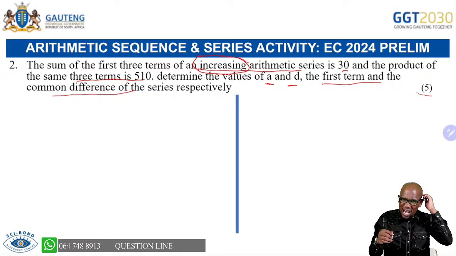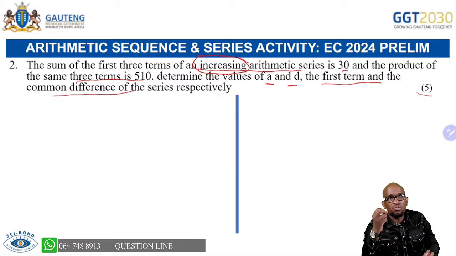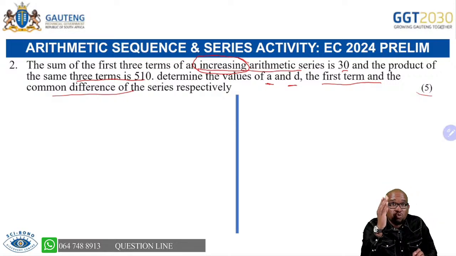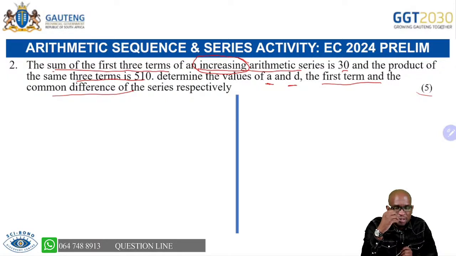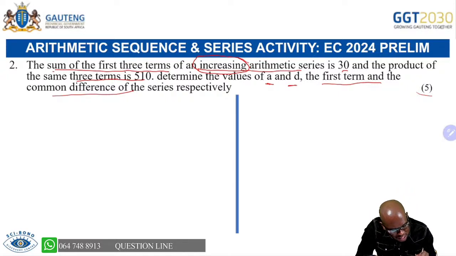Our key aspect here, if we want to solve for A and D, is to write down the first three terms in terms of A and D. The first term T1 is A, T2 is A plus D, T3 is A plus 2D.